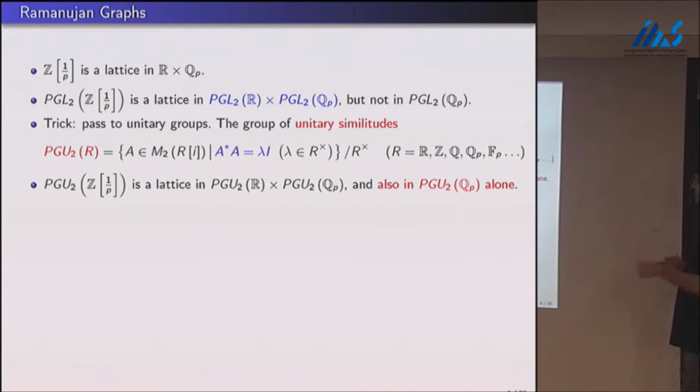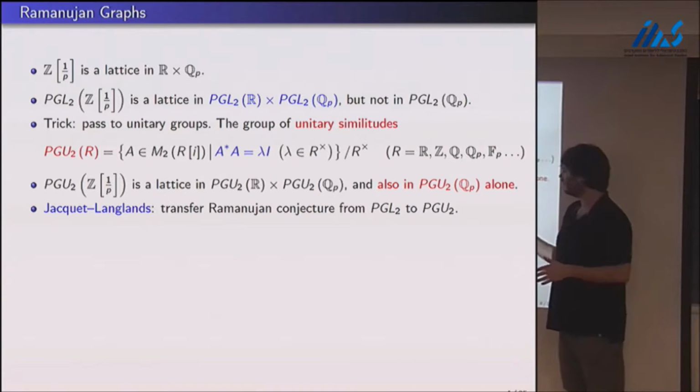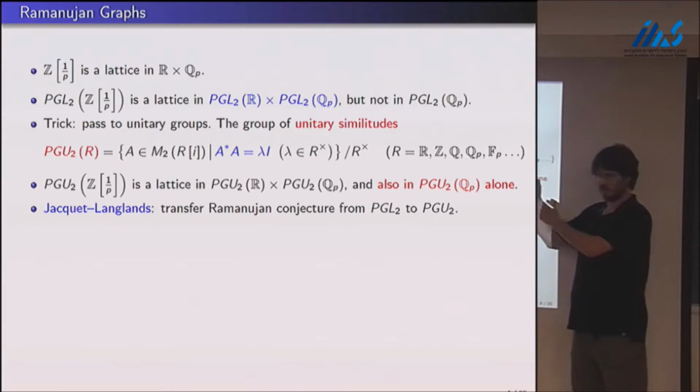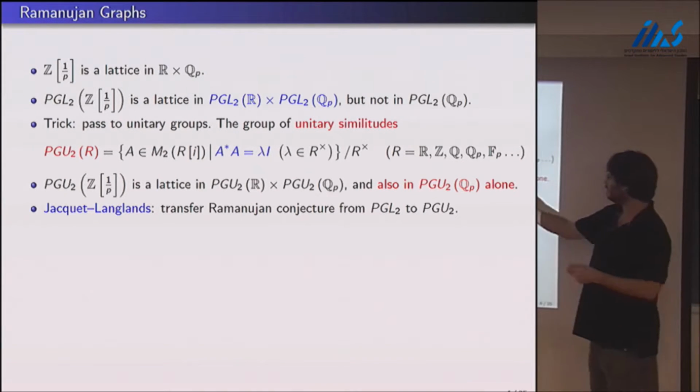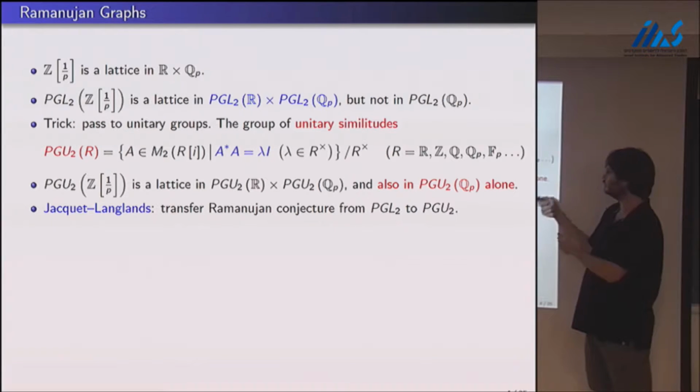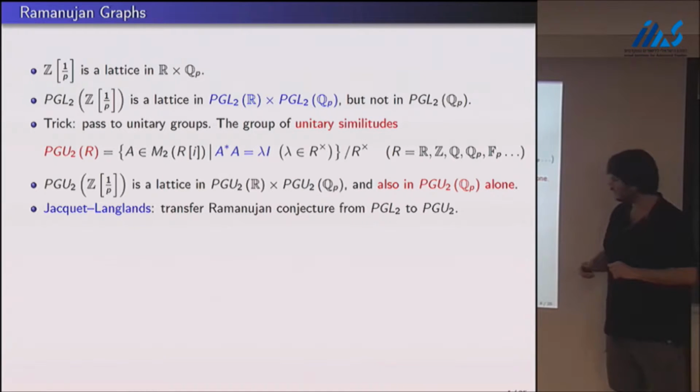So you need to work a bit more, and you need to use Jacquet-Langlands. And Jacquet-Langlands allows you to take Ramanujan's conjecture from PGL_2, what Eichler and Deligne did for PGL_2. Alex and Peter could use the Jacquet-Langlands transfer to show that the Ramanujan conjecture holds for this other group.